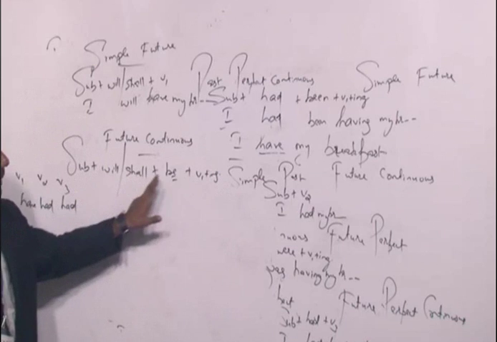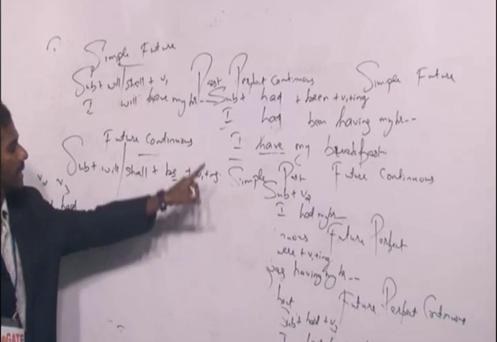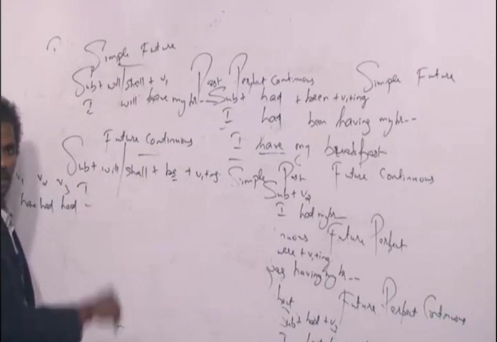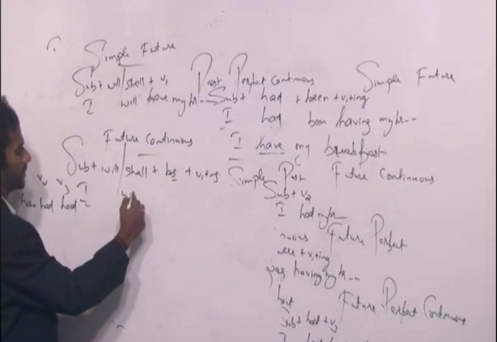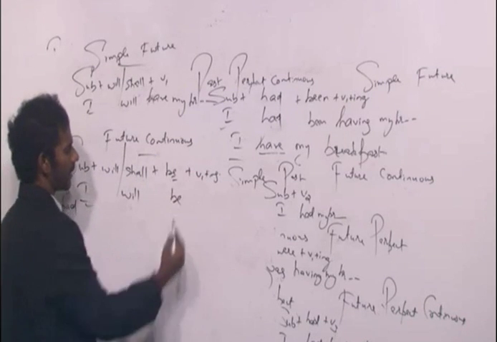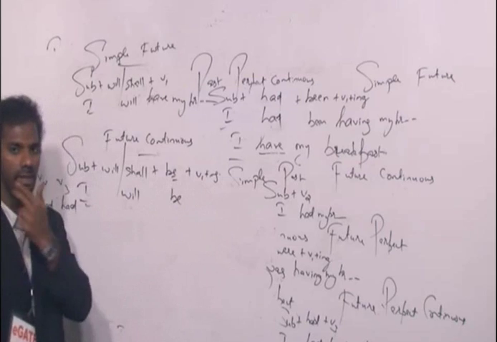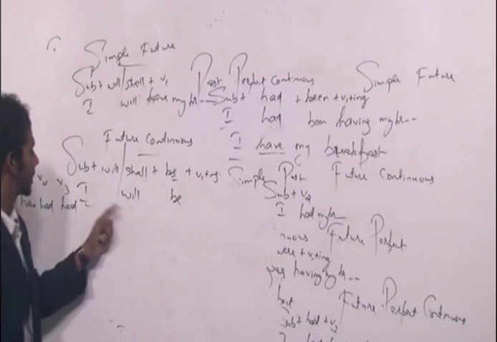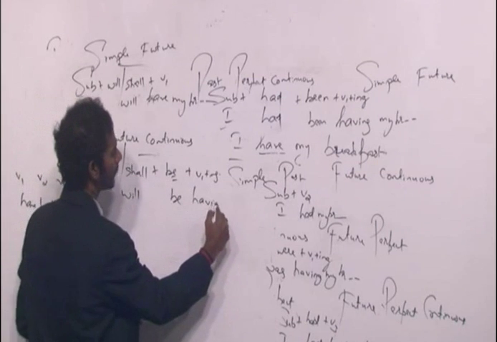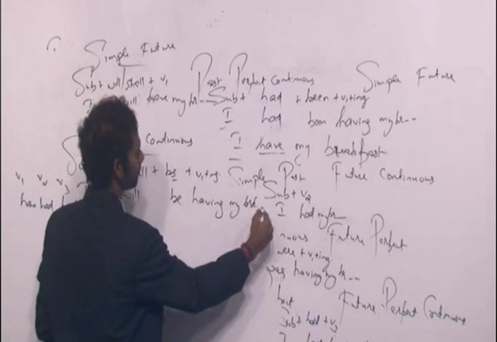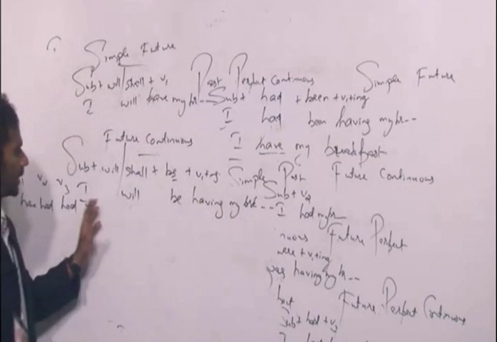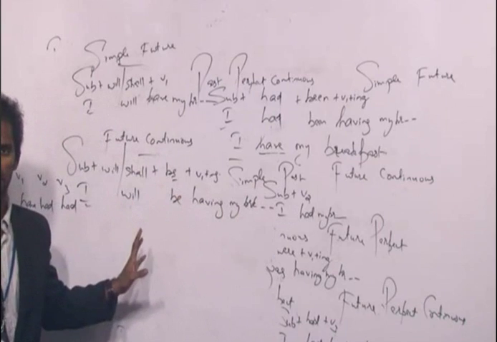Subject is I. Right? Then will. Then be plus V1 plus ing. Have is a verb there. Ing of have is having. So I will be having my breakfast.